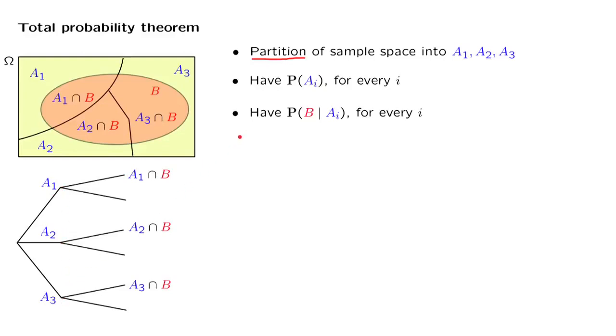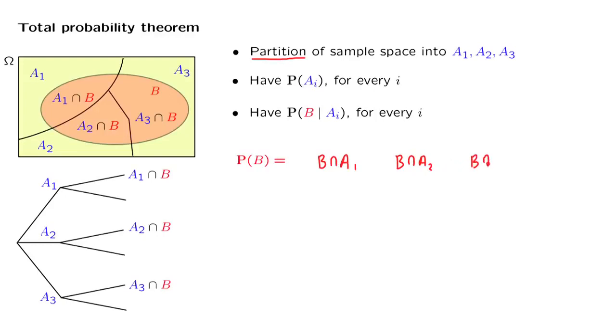Under those circumstances, can we calculate the probability of event B? Of course we can, and here's how we do it. First, we realize that event B consists of a number of disjoint pieces. One piece is when event B occurs together with event A1. Another piece is when event B occurs together with A2.